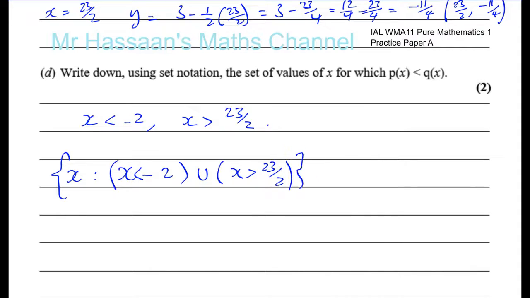That's fine. If you put intersection, that doesn't make sense because there's no common ground between them. So it has to be when x is less than minus 2 or when x is greater than 23 over 2. And that's fine as our answer in set notation with our squiggly brackets.